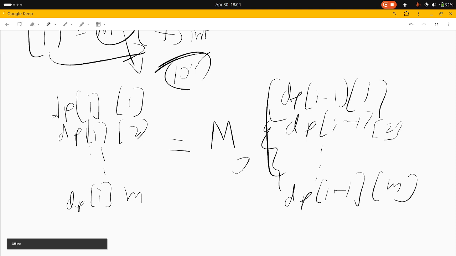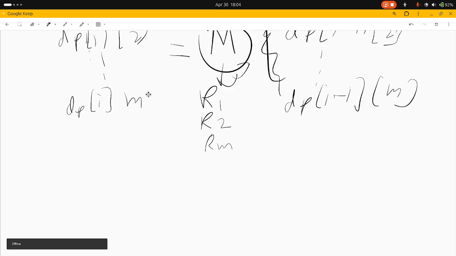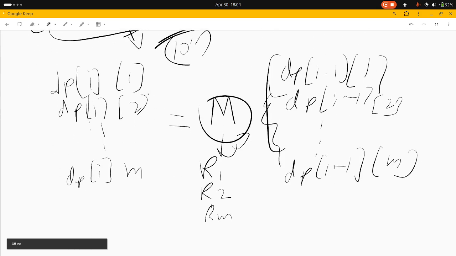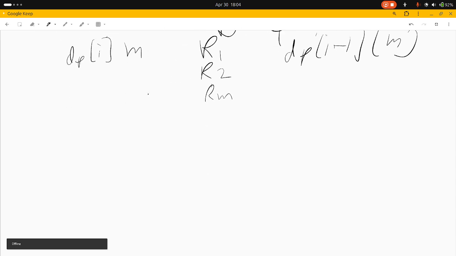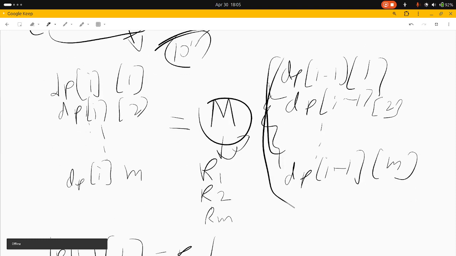So let me assume the matrix in row format. So the matrix in row format can be R1, R2 up to Rm. So what we understand is, for dp of i of 1, R1 is multiplied by the total, let me assume this vector as dp of i minus 1.